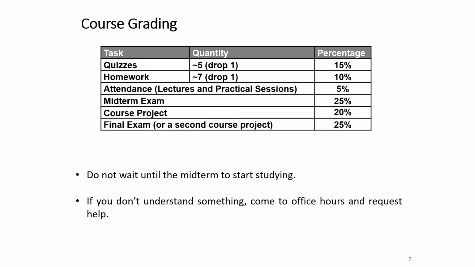Since we are in online classes, distance learning, we don't have conventional attendance, but I expect active participation, submitting homeworks and projects on time, plus coming regularly to office hours and asking questions and getting yourself involved with the material of the course.